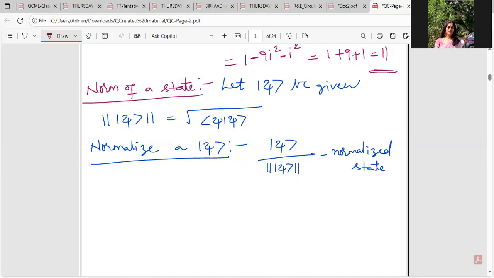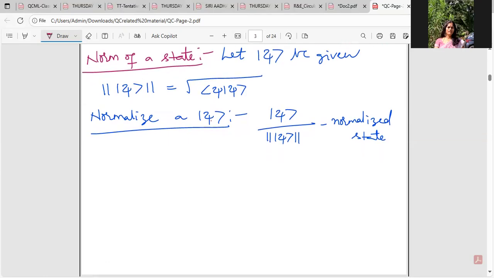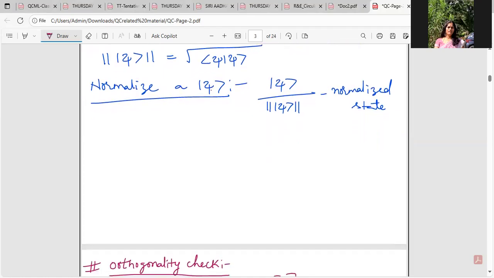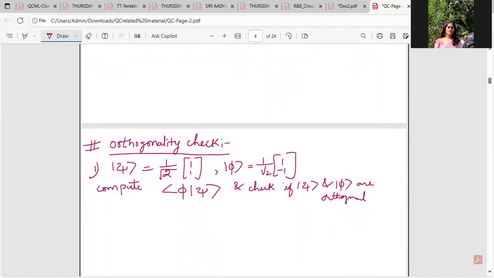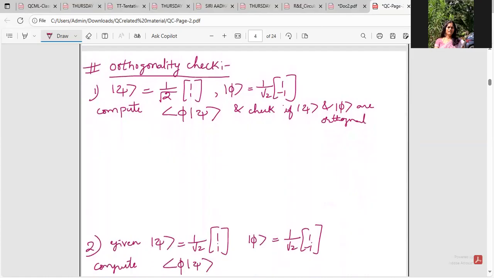Okay, so after this brief definition or introduction, let's do some problems so that we are clear with the things. Here I am given ket xi and ket phi as two vectors, directly, not in terms of qubit notation. Of course, you can rewrite them in terms of qubits as well.